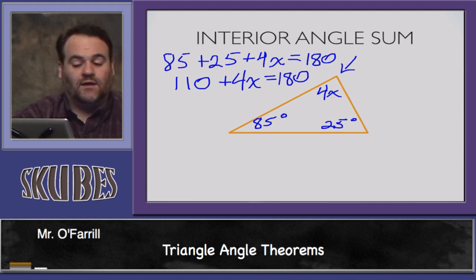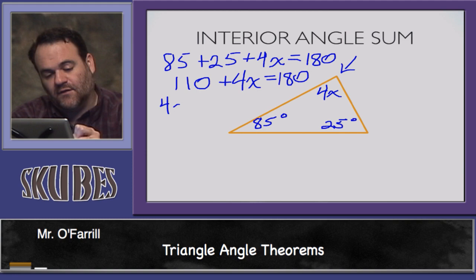Subtract 110 from both sides, and we find that 4x equals 70.